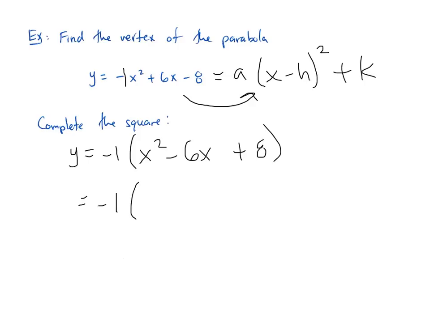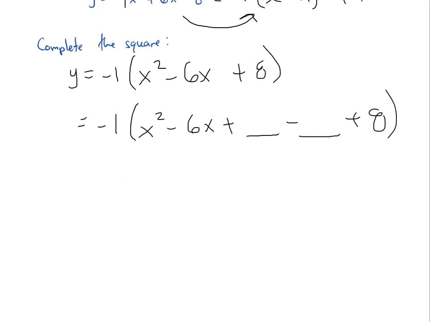We talked about what we need to add and then also subtract so that the first three terms are perfectly factorable. So we want these three terms to be perfectly factorable. And our strategy from earlier was to take half the number from the x, so take 1/2 of -6, that's -3, and then square it.